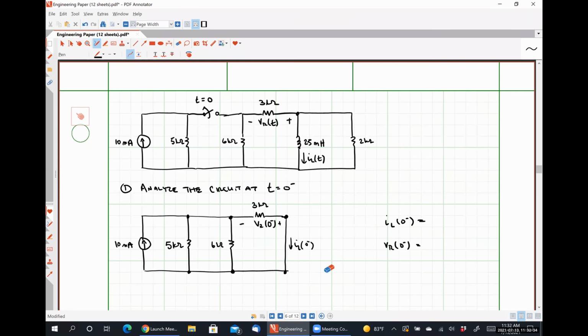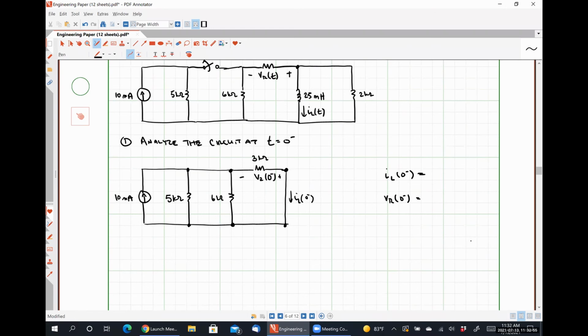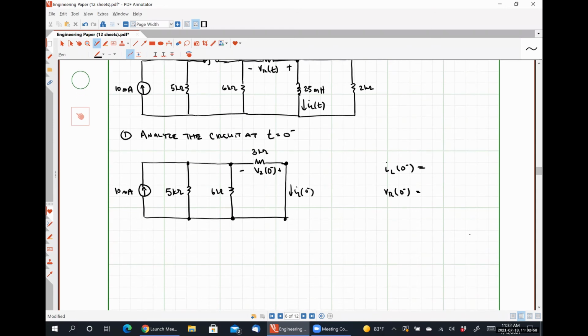With that 2 kilo ohm resistor effectively thrown away, we can easily see that the 3 kilo ohm resistor is in parallel with the 6 kilo ohm resistor, is in parallel with the 5 kilo ohm resistor, is in parallel with our 10 milliamp source, which is why we are able to do current division here, okay? So finding IL at 0 minus using current division is an absolutely wonderful way to get that particular value.